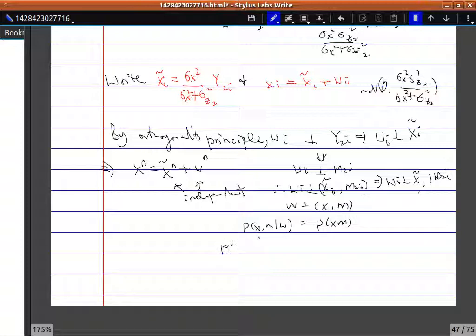But this is equal to p(x given m, w) times p(m given w).